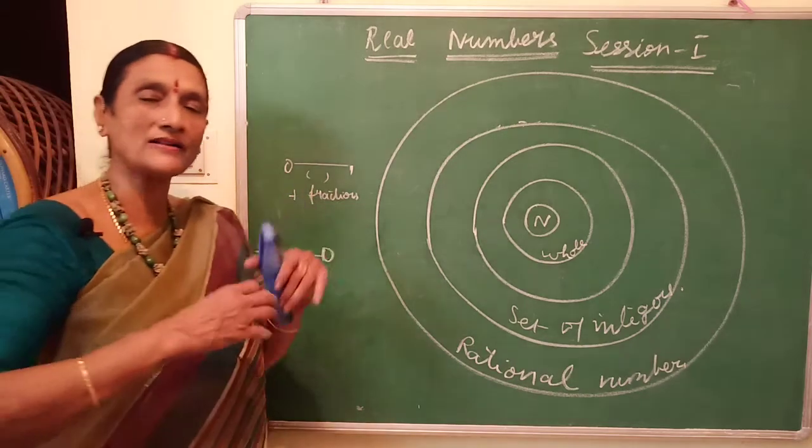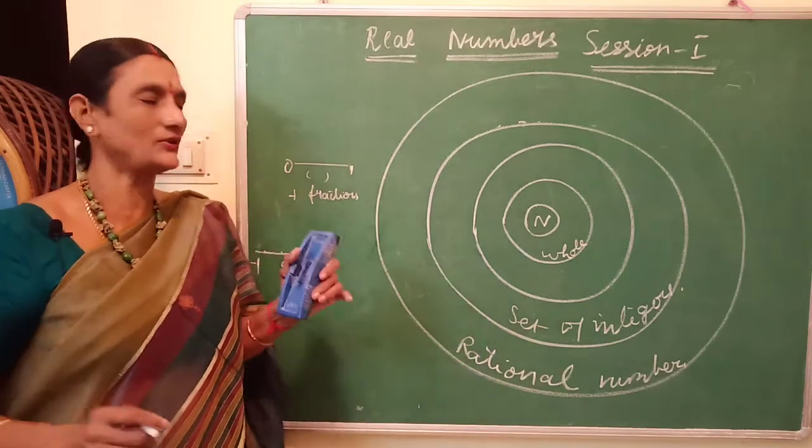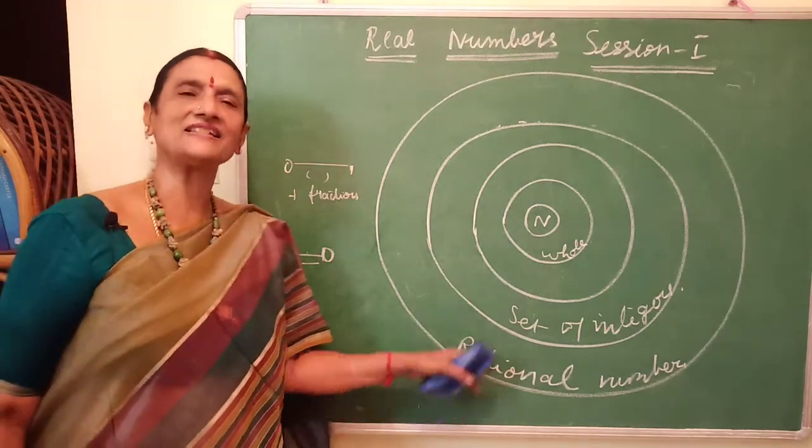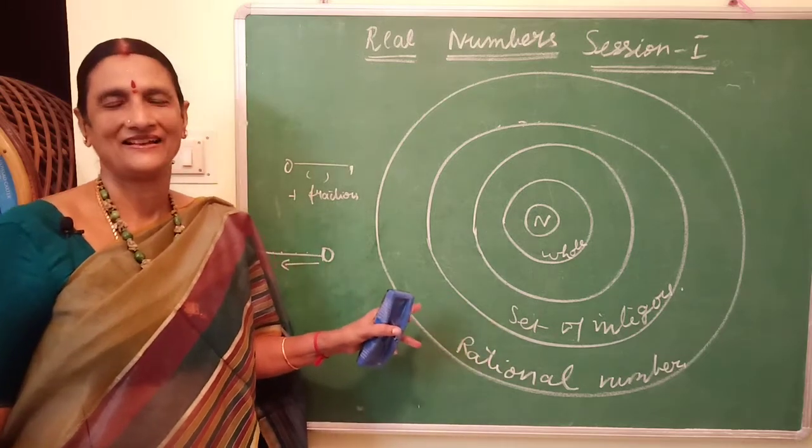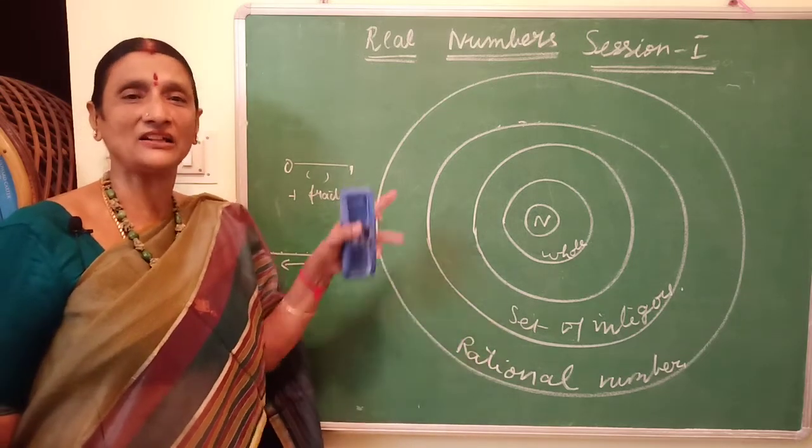So when the positive and negative fractions are put together, we derive a set of numbers called rational numbers. These rational numbers include everything.